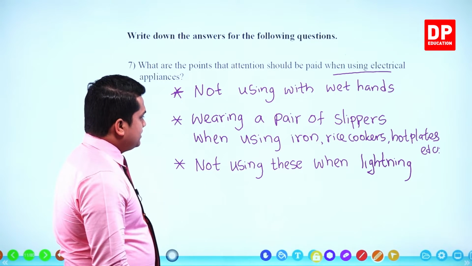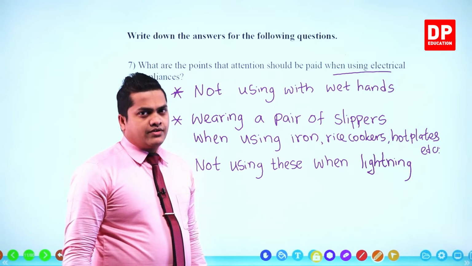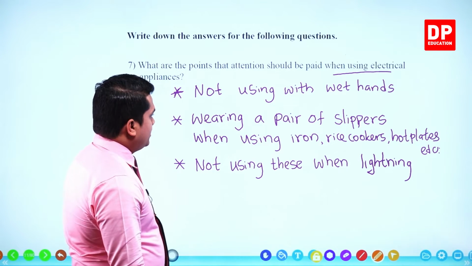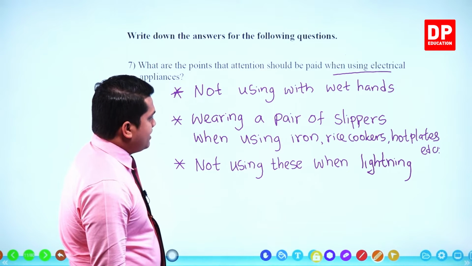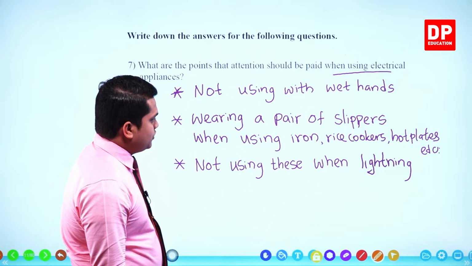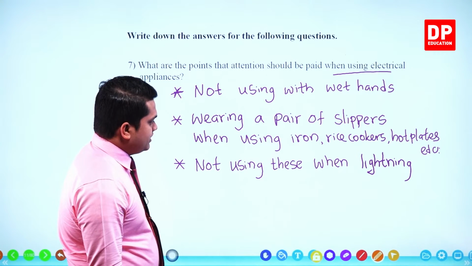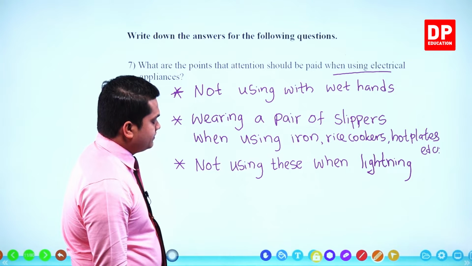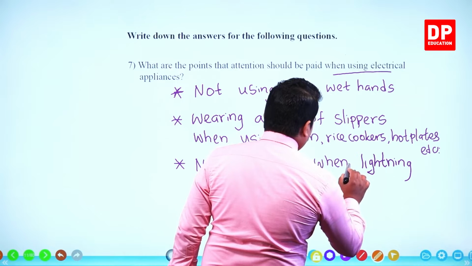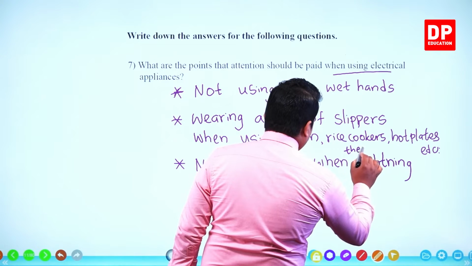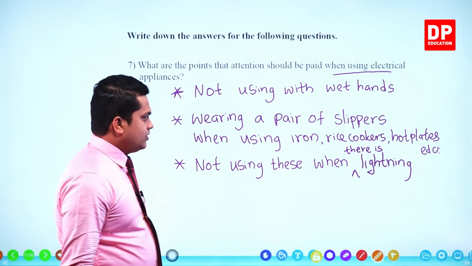So these are the things that we need to follow when using household electrical appliances. Not using with wet hands, wearing a pair of slippers when using iron, rice cookers and hot plates, etc., and not using these when there is lightning. Right, that's much better now.